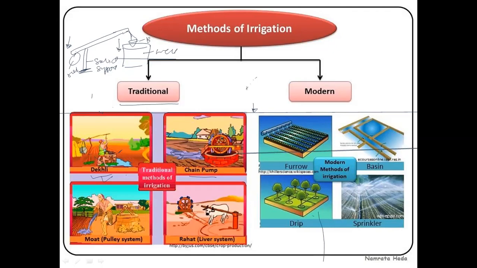You can see a circular wheel. On the wheel, you can see this blue structure. These are buckets attached to it. And this wheel is being rotated by a motor. So what happens when this wheel rotates? And this is our well here.